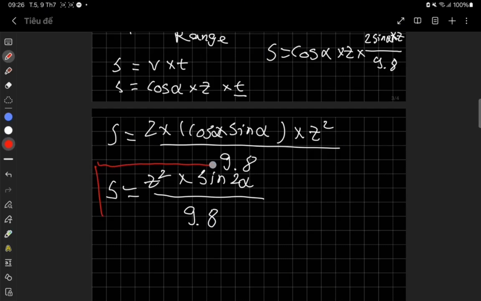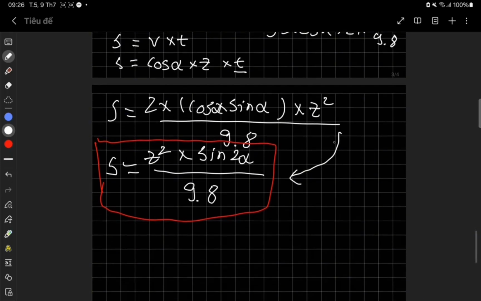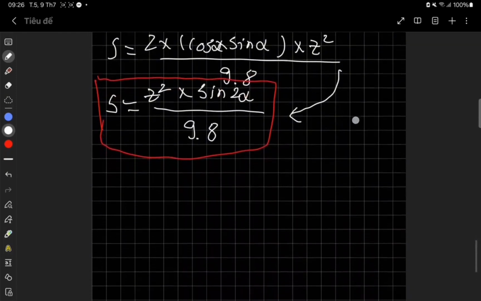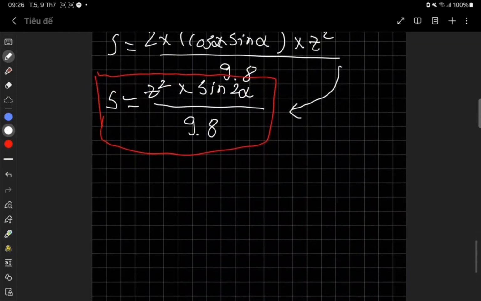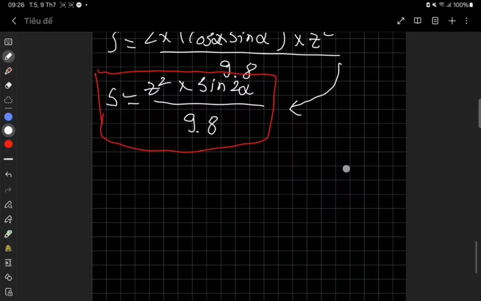This is the formula for the range. So from this step to this step, mathematically it is very complicated. You have to use a trigonometry identity to be able to jump from this step to this step, and I will explain it down here, and if you don't want to, you can skip ahead.